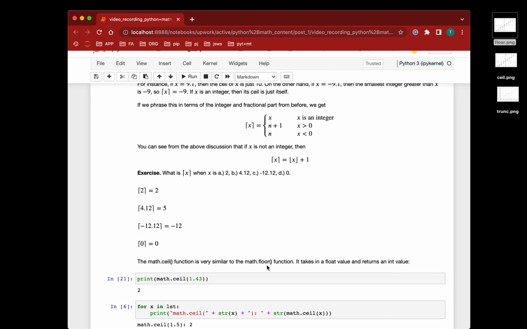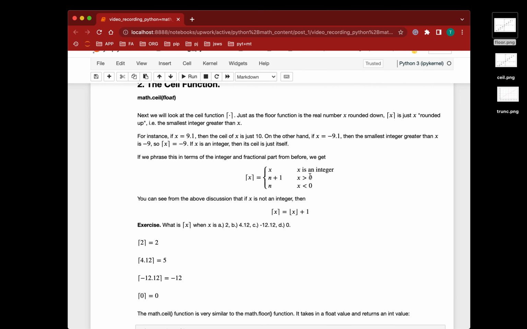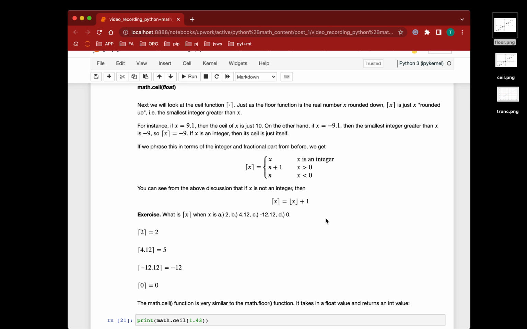If we rephrase this in terms of the integer and fractional part, as we did before, then the ceil of x is just x if x is an integer, it is the integer part plus 1 if x is a positive non-integer, and it is just the integer part if x is a negative non-integer.